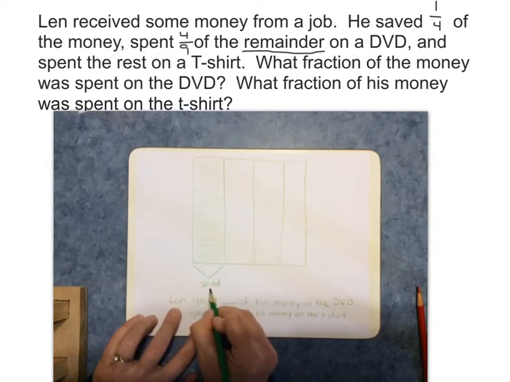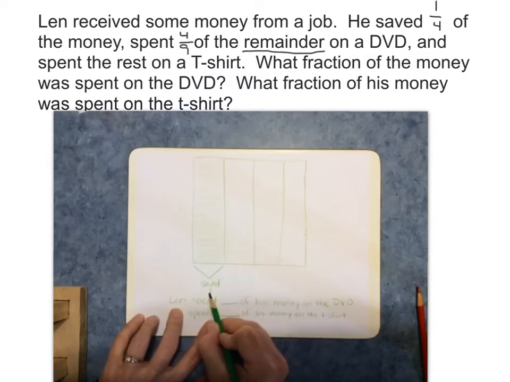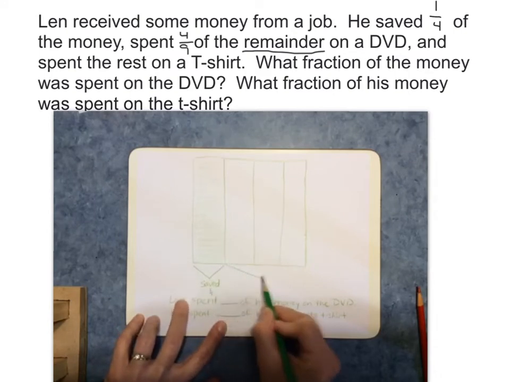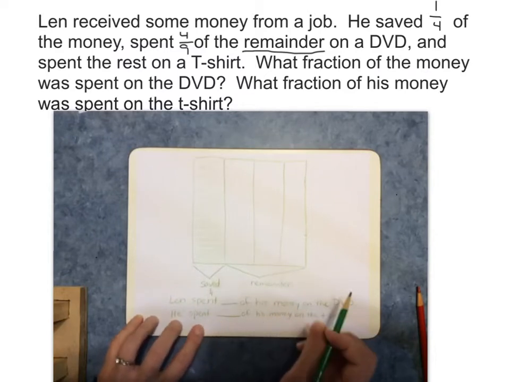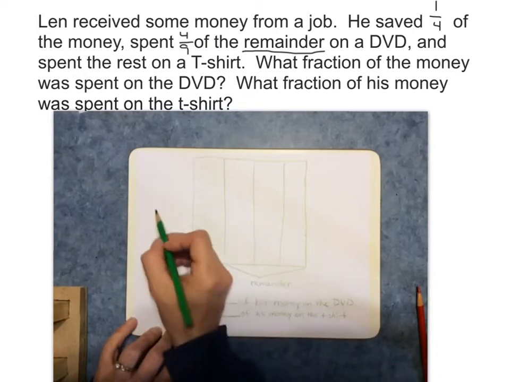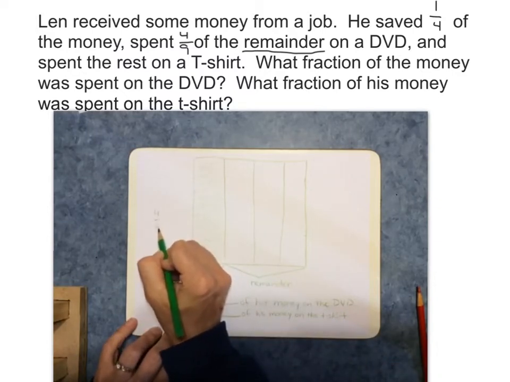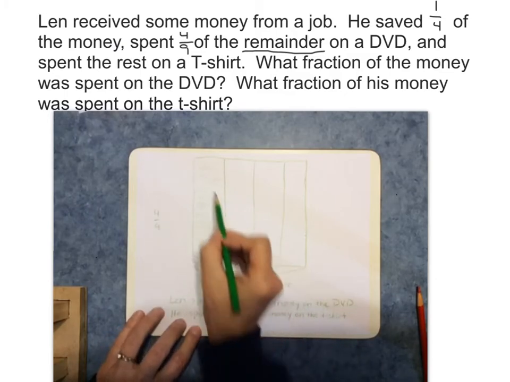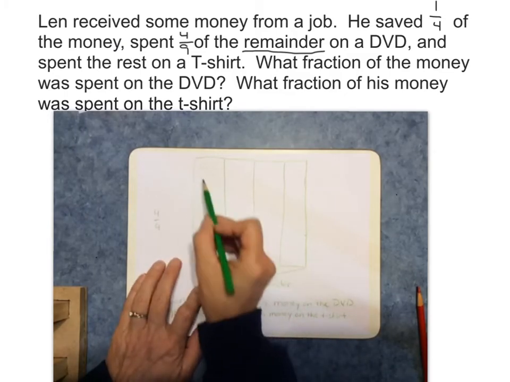If this is the 1/4 that he saved, then my remainder is over here. Because the next part says he spent 4/9 of the remainder. So I still need to make my 4/9 over here. So I need 9 pieces.